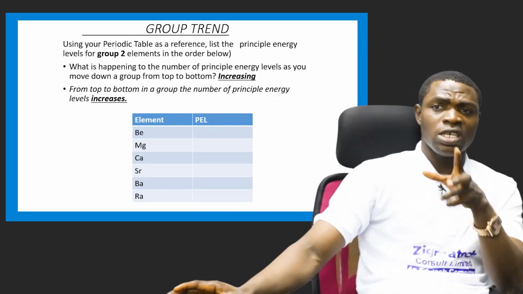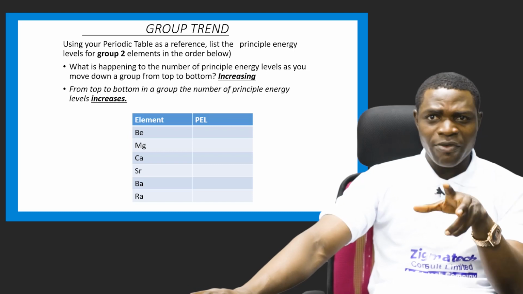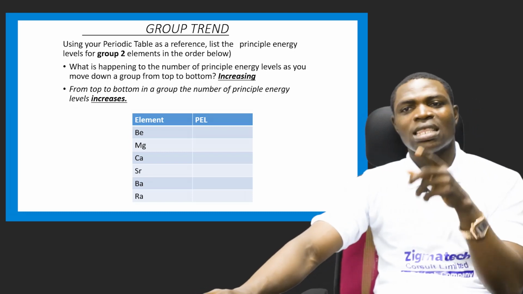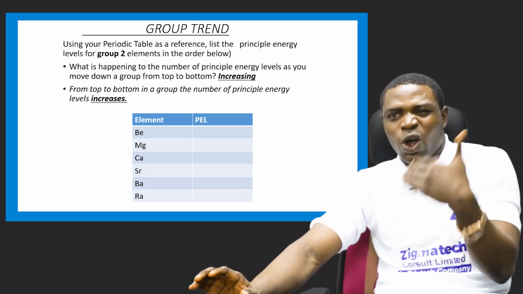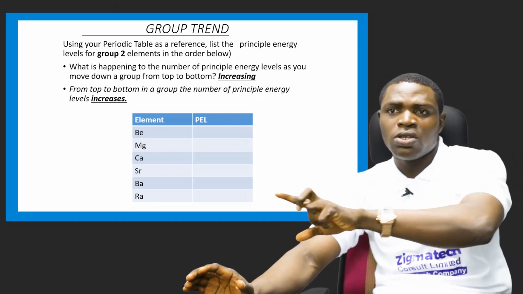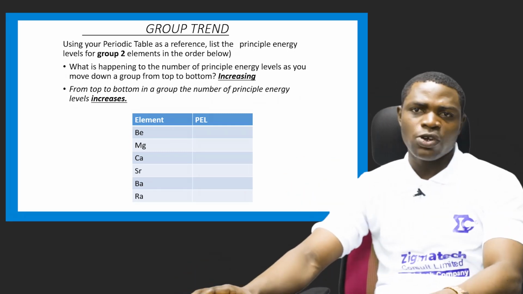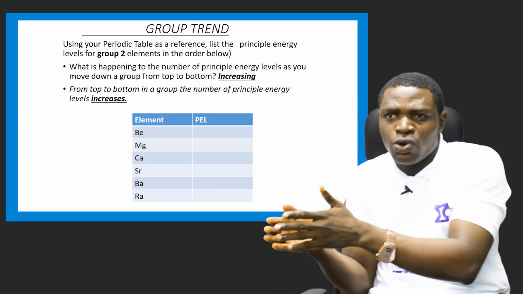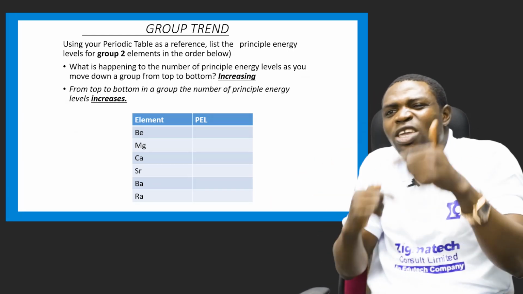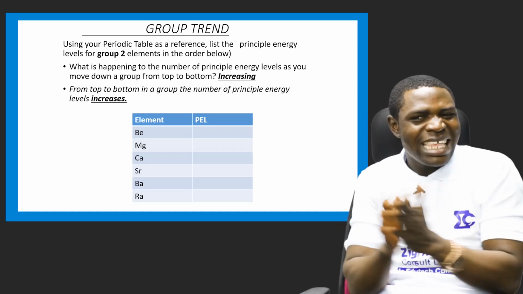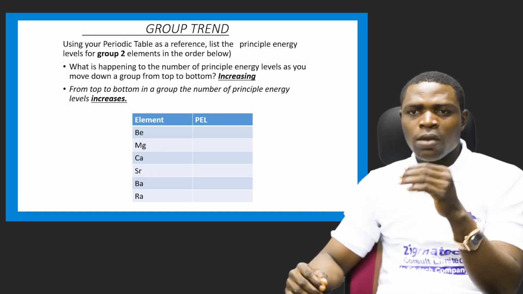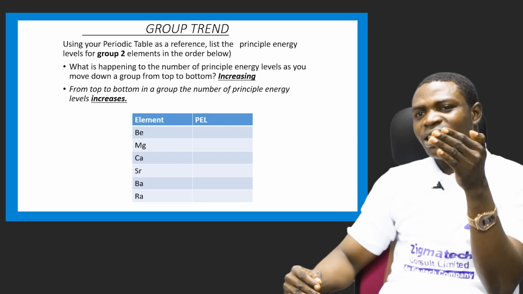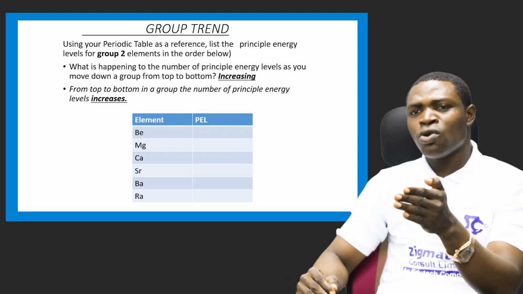Using the periodic table as a case study, you will understand that instead of the consistency across the period, there is an increase down the group. Looking from top to bottom in the periodic table, there must be an increase in the principal energy level.